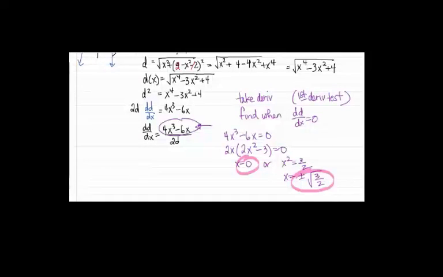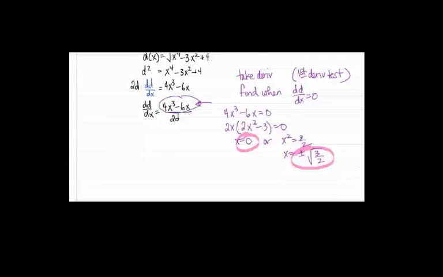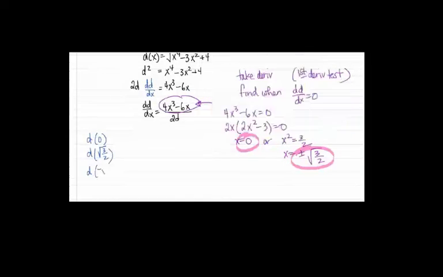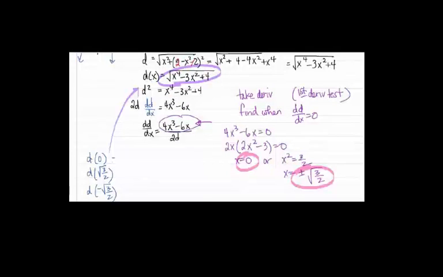And I need to determine which one of those 3 is going to give me the minimum distance. So I need to actually calculate. We need to find the distance when x is 0, the distance when x equals the positive square root of 3 over 2, and the distance when we use the negative square root of 3 over 2. So when I plug in a 0, I get the square root of 4, which is 2.